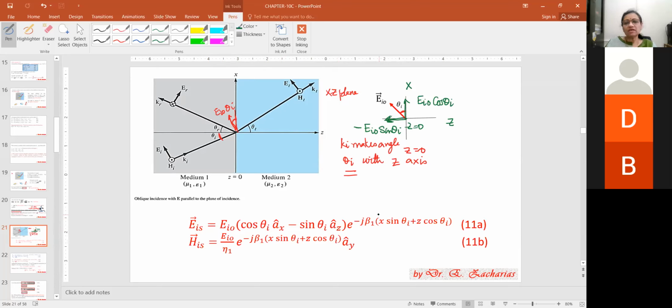Similarly, last class we saw that the Ki vector can also be resolved in the same way. This angle is theta i, therefore my Ki vector will have a component beta 1 cos theta i, and on this side beta 1 sin theta i.